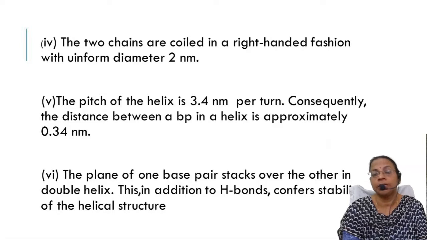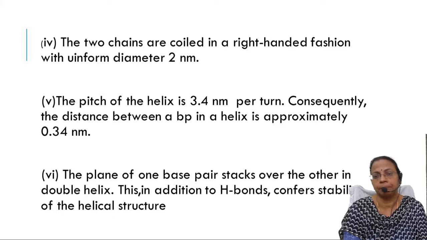Then the pitch of the helix, that means one complete turn, is 3.4 nm. And one complete turn consists of 10 base pairs. So the distance between neighboring base pairs is 0.34 nm.